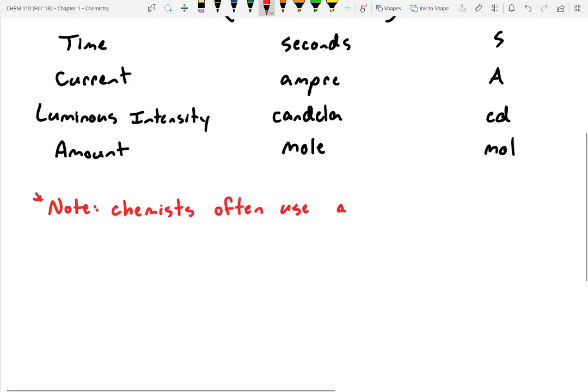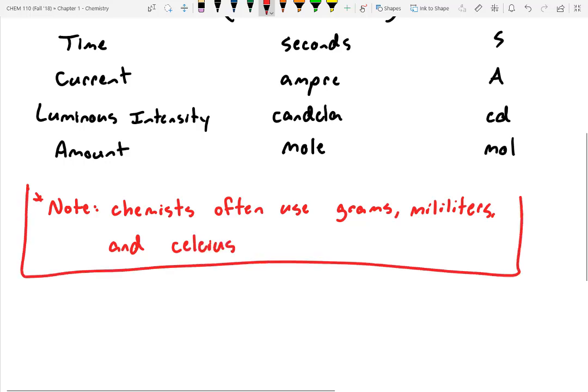They often use grams rather than kilograms. They often use milliliters instead of liters. And they often use Celsius rather than Kelvin. It just kind of depends whether or not you're doing more chemistry or more physics.